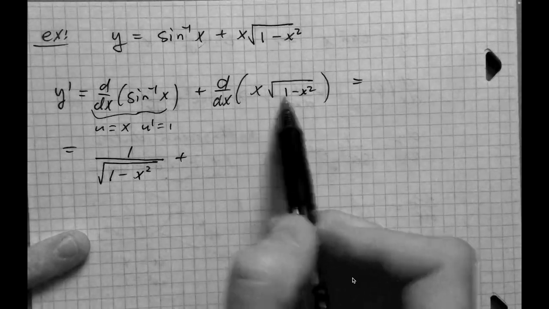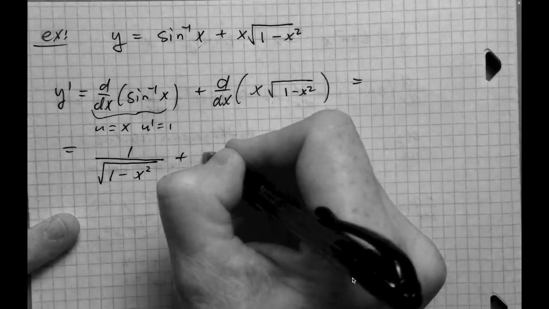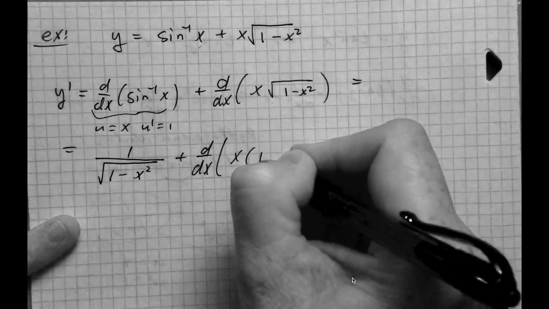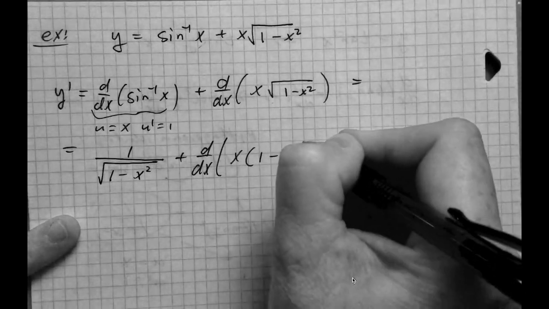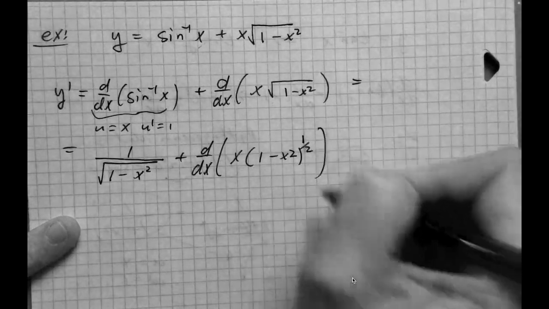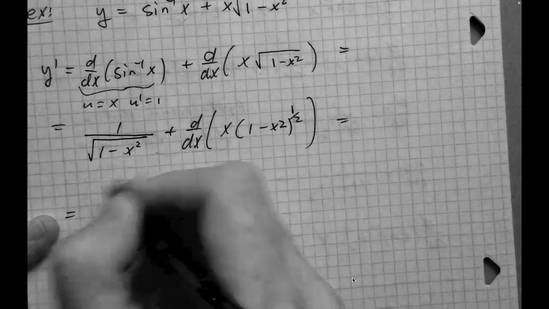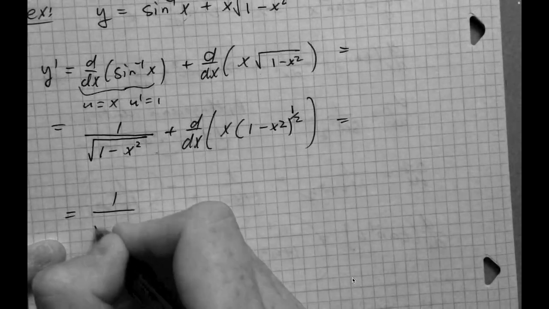Now, this is going to be the product rule. I'm going to rewrite it though. So this will be x times (1 minus x squared) to the 1/2 power. We're going to use that kind of approach here, and the trig piece is out front.